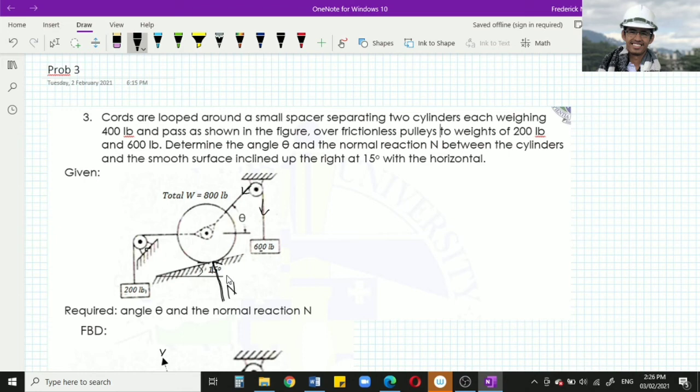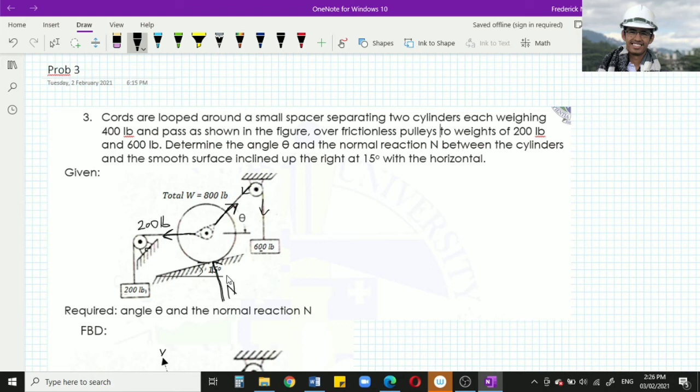Okay, so always tension yung ating force kapag cord, so palayo siya sa ating figure. So this will be 200 pounds. Same din, kung 200 pounds yon, remember, frictionless pulley ito, so this will always be 200 pounds din.